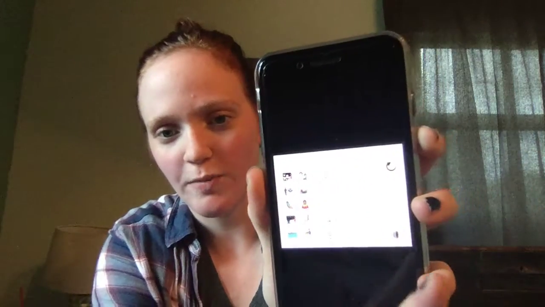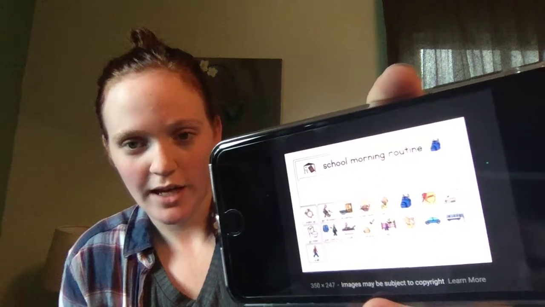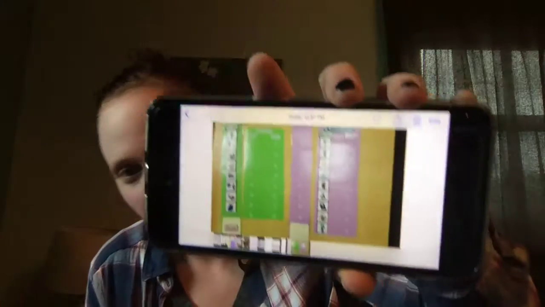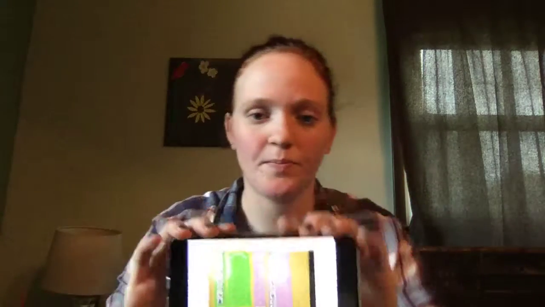Again, you're using the Board Maker program to have pictures of what they might be doing. Here's another example of a morning routine. Again, you just have your pictures of your day. And then one that I used a lot when I was in early childhood was a Velcro picture schedule. So here on the left side was their day.